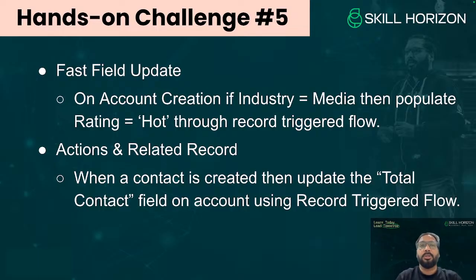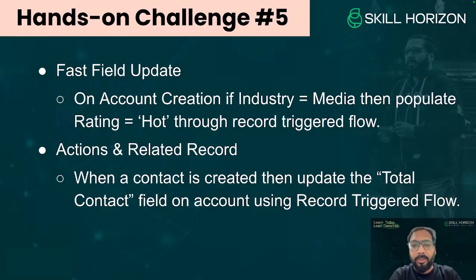So I will be implementing two versions of this particular flow. The first one: if you create a new contact for any account, from there onwards counting will be done. It means if the account does not have any related contact and you create a new contact for that account, then the counting will be correct. But if your account already has a few contacts, then the result will not be correct.